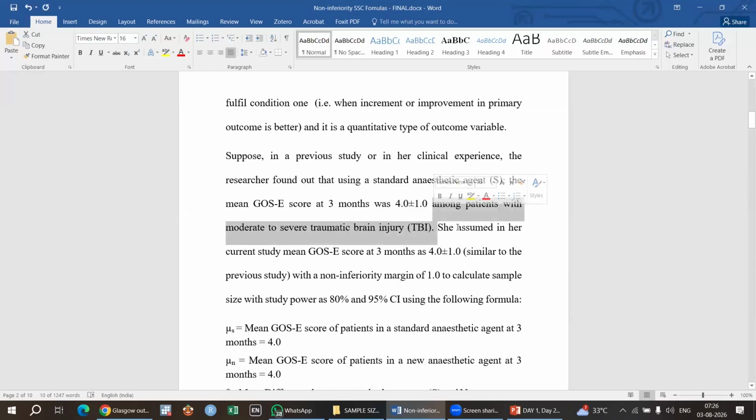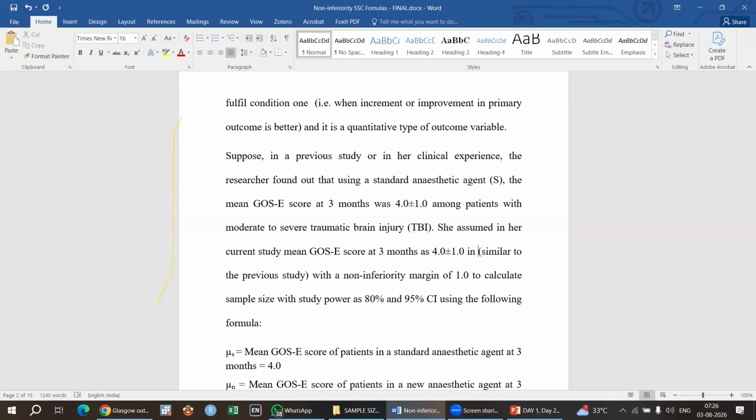She assumed in her current study that the mean GOS score at 3 months in the new therapy is similar to the previous study, with a non-inferiority margin of 1.0.